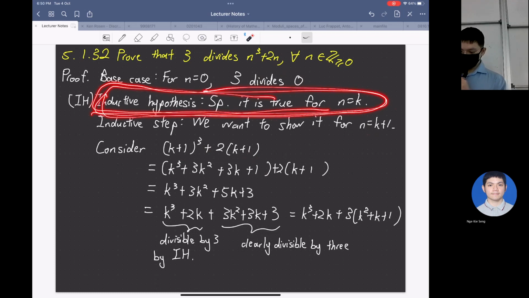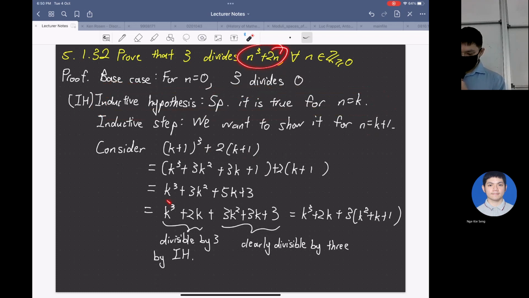You need to go back and find this form here. I found the form here, and the rest is like this. By the inductive hypothesis, when this is k, it is divisible by 3. The rest here is divisible by 3 as well, because I can factor the 3 out. So the whole thing is divisible by 3.